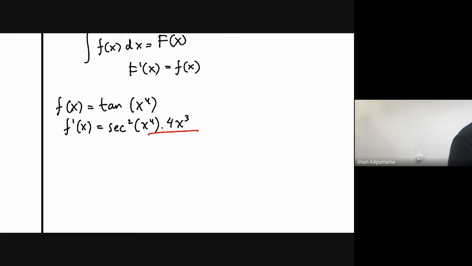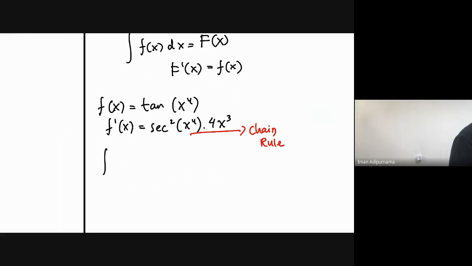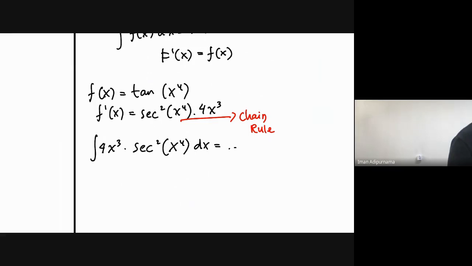Now, let me write the chain rule, just to make sure of the notes. If you have the integral of 4x cubed secant squared of x to the 4 dx, what will you write here?